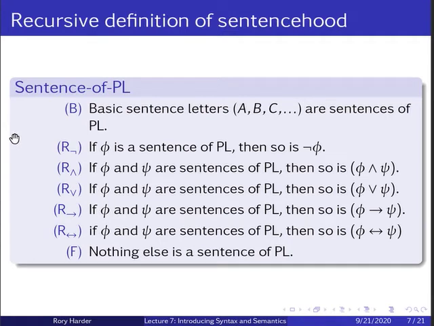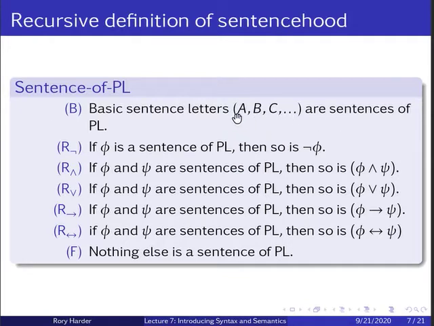And what that means is that it includes rules that apply to themselves. And the use of this variable allows this rule for constructing negative sentences to be applied to itself. Well, what does that mean? Well, suppose we begin with the sentence letter A. By the first rule, we know that A is a sentence letter.